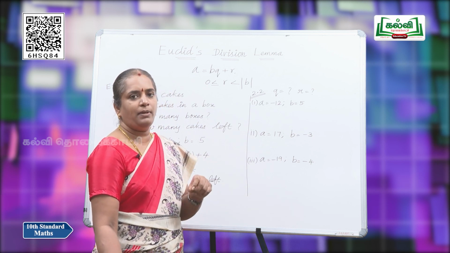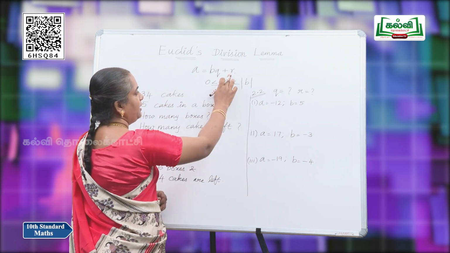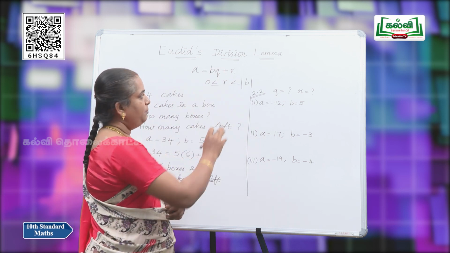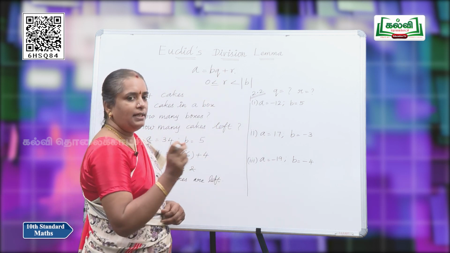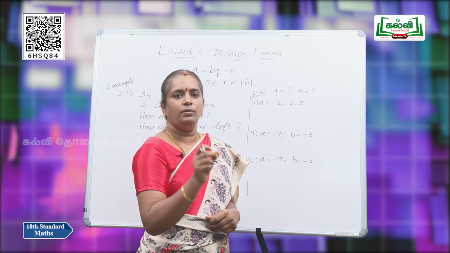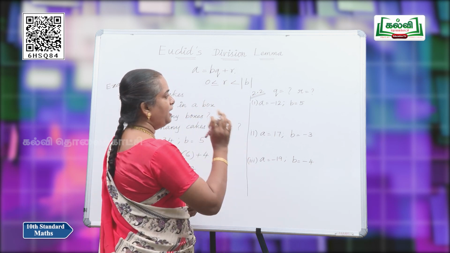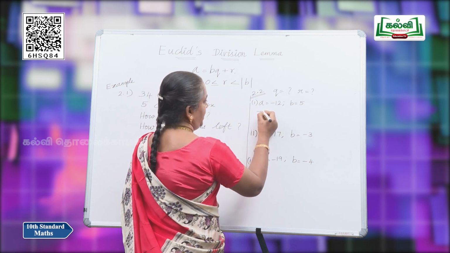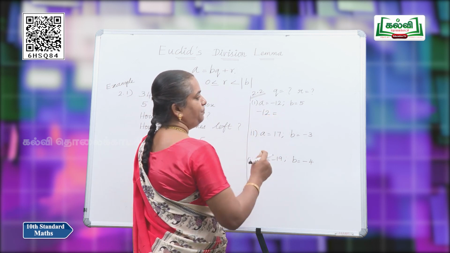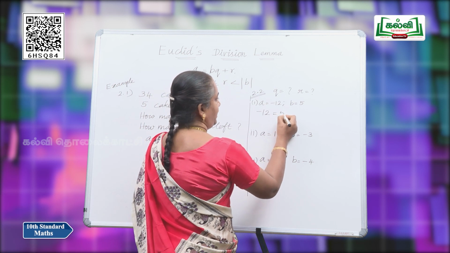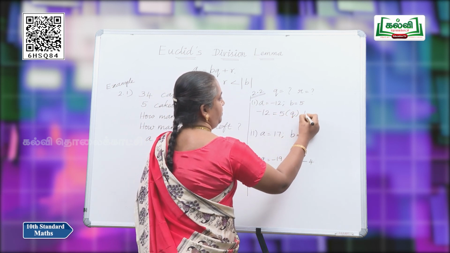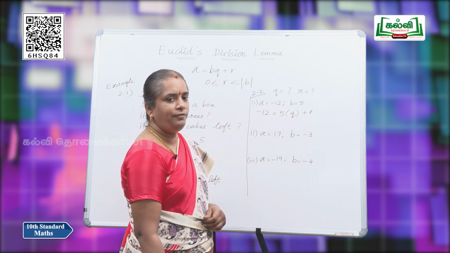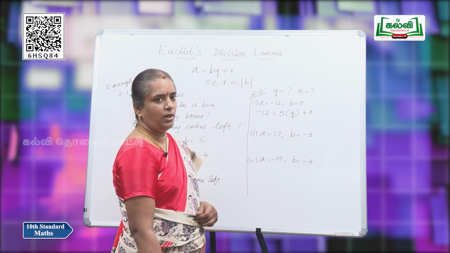We have to keep in mind that since r is non-negative, bq is always less than or equal to a. So, keep that in mind and do this sum. So, we are going to split a, minus 12, is equal to bq plus r, that is, 5 into q plus r. So, we have to fill in what q is and what r is.